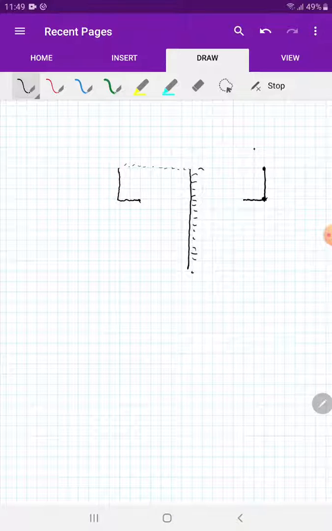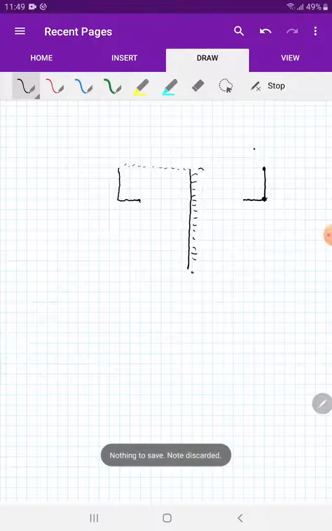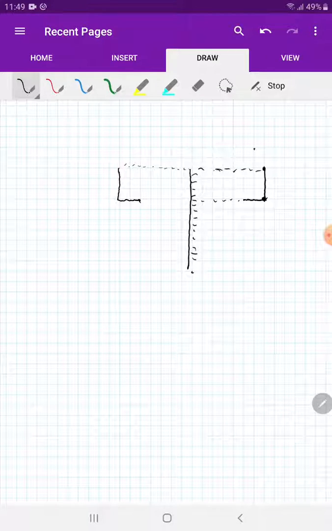So don't forget to draw the lines, same distance to the mirror. There are many ways to draw the lines. What I want to show you now is how a periscope works.